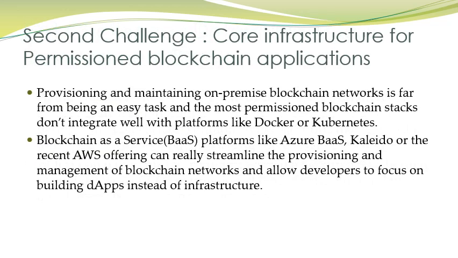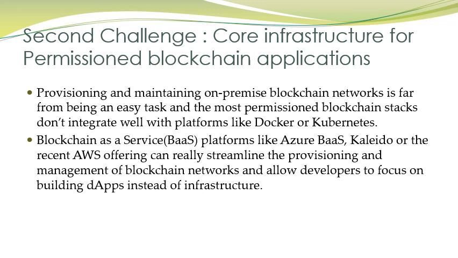Then the second challenge is the core infrastructure for permissioned blockchain. Provisioning and maintaining on-premise blockchain networks is far from being an easy task. It is not easy to maintain blockchain networks, and most permissioned blockchain stacks don't integrate with platforms like Docker and Kubernetes.